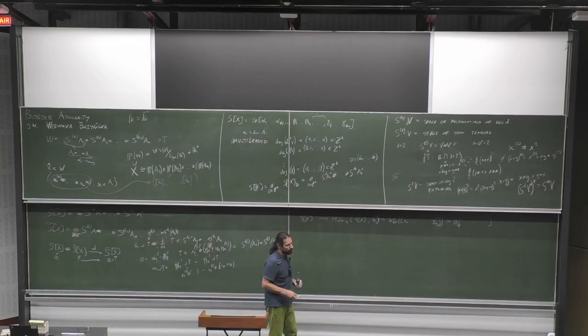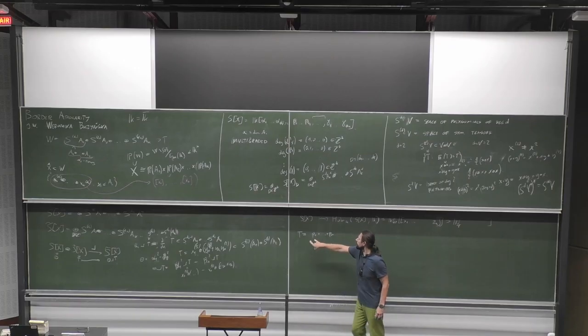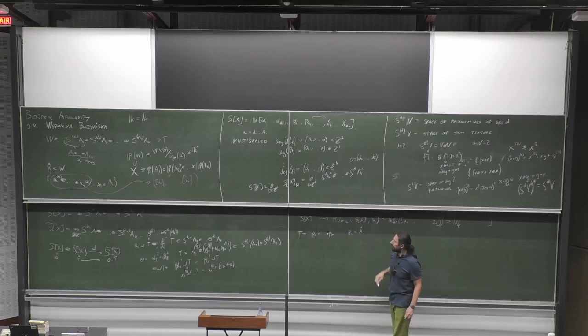The reason I mention this is because of the following apolarity theorem. Whenever I have a decomposition of T into a sum of simple tensors, so I would write this tensor T as a sum of tensors Pi, with each Pi being a simple tensor of multi-degree D1, D2, and so on.